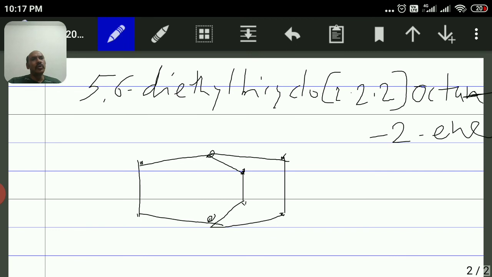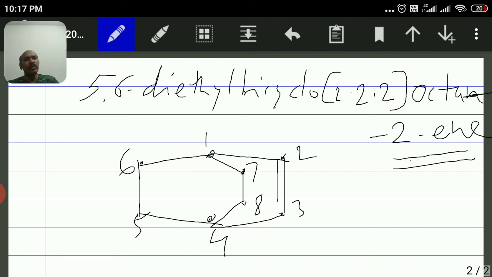So it is the skeleton for bicyclo 2,2,2-octane. Here numbering will start from a bridgehead carbon atom, and you can proceed towards any ring: 1, 2, 3, 4, 5, 6, 7 and 8, like this. Here the double bond is given from carbon number 2, so the double bond starts at carbon 2.